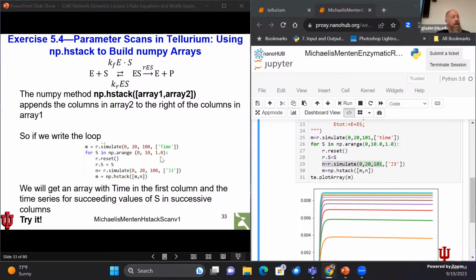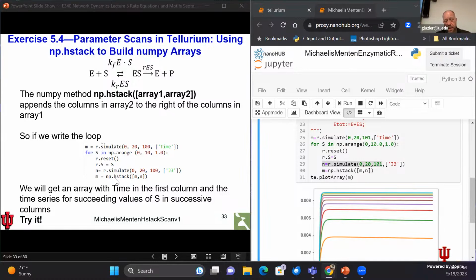It's going to stop at 9 because of the way Python indexing works. I reset my model to set time to 0. I overwrite the value of S with my new value of S. I simulate it for the same number of rows as before and get the rate of production of P. And then I add that to my array.